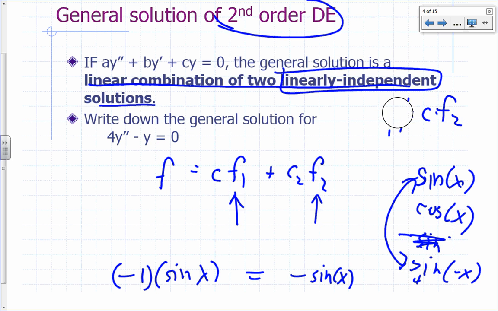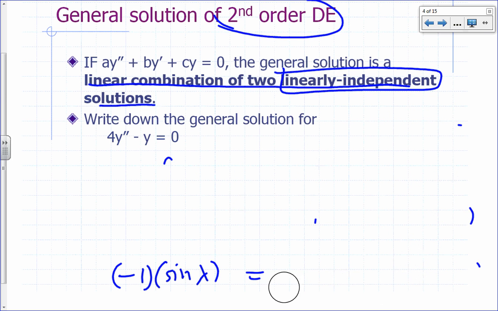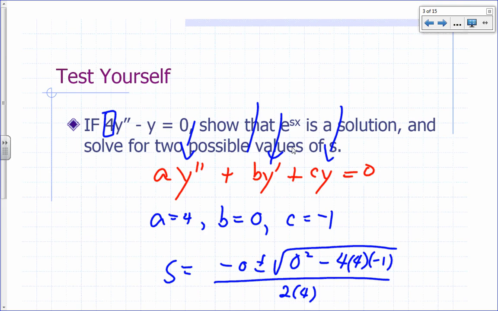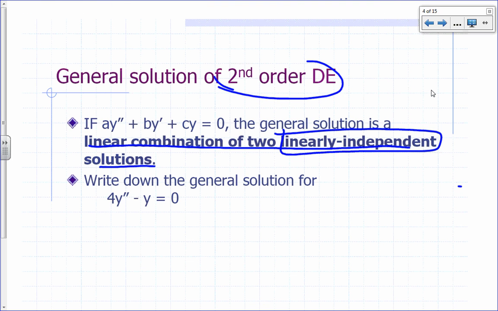All right. So earlier, what did we say are two specific linearly independent solutions? This is the same problem we had earlier, right? Our two possible solutions are e to the 1/2 x and e to the -1/2 x. Those two are linearly independent solutions.